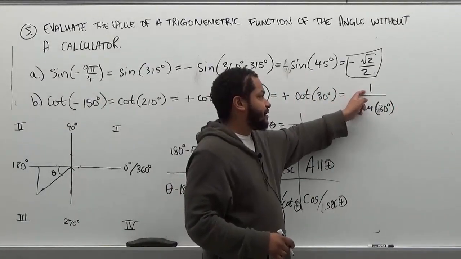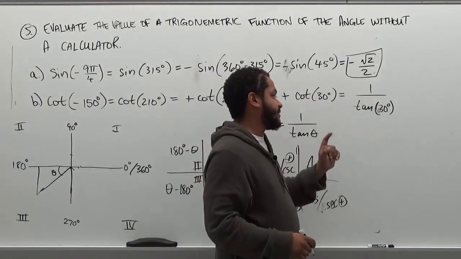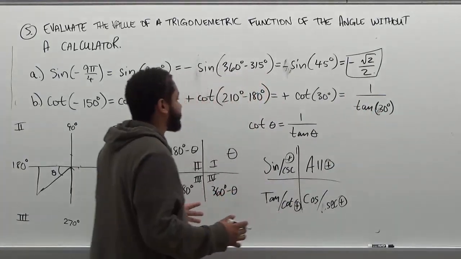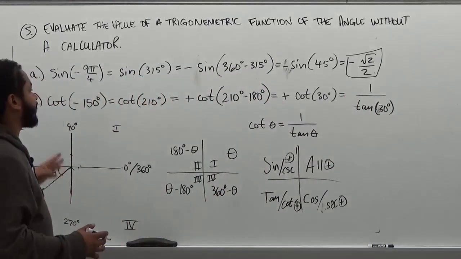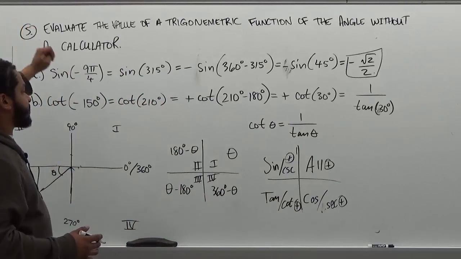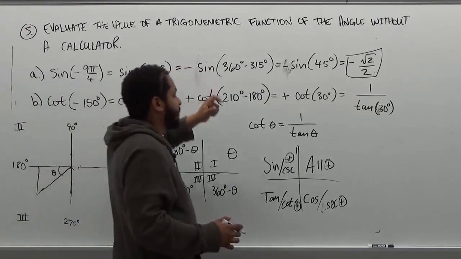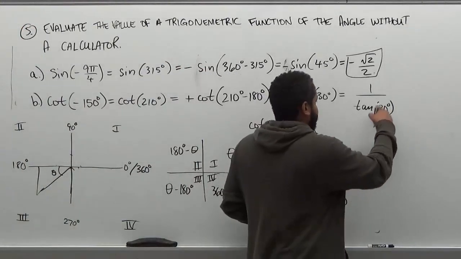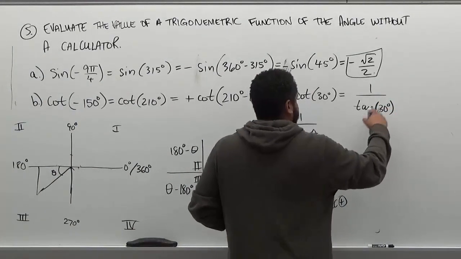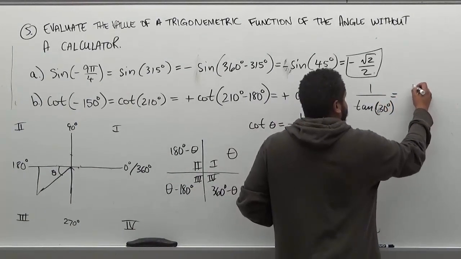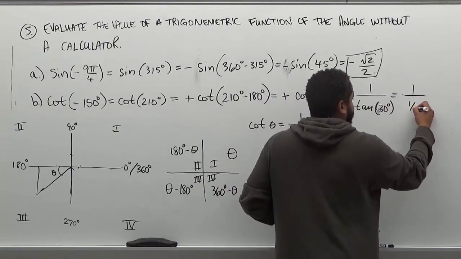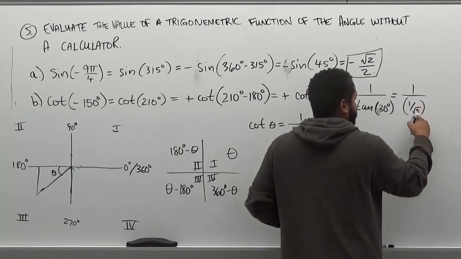And you're putting 1 divided by the tangent of 30 to solve that. And so the tangent of 30 degrees, again, sine over cosine, right? So sine of 30 is 1/2, and tangent of this is going to be 1 over radical 3. So we have 1 over radical 3 as our solution.